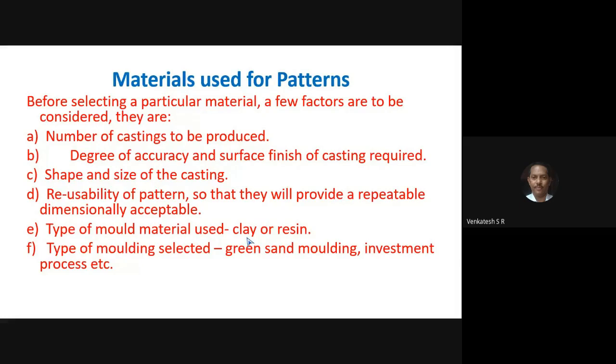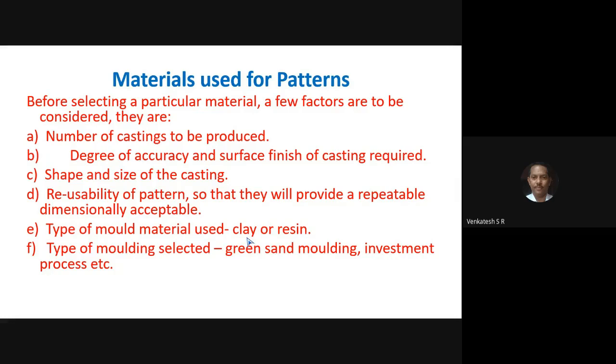Before going to the next slide, we will discuss the factors which are very important for materials used for pattern. We will discuss one by one. The number of castings produced and degree of accuracy and finish required.